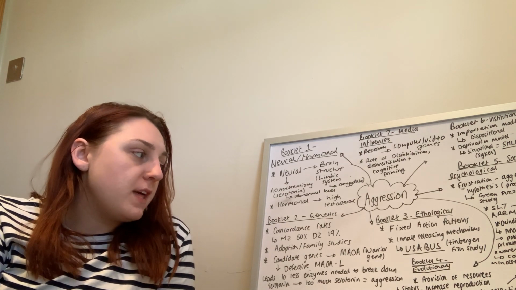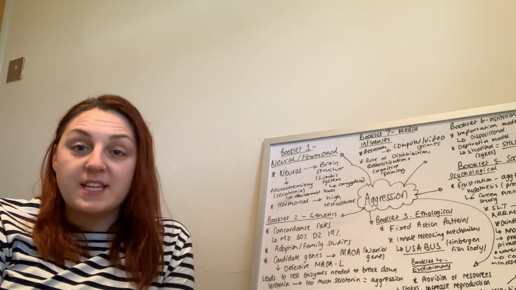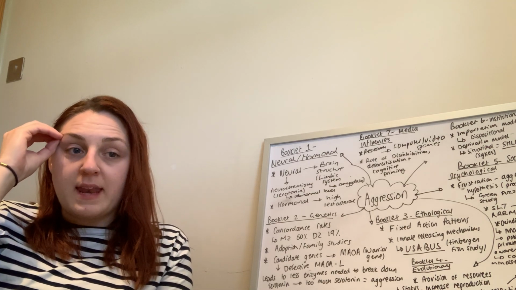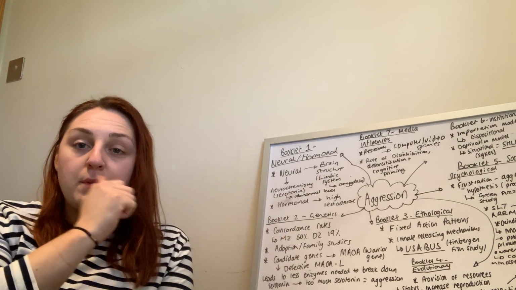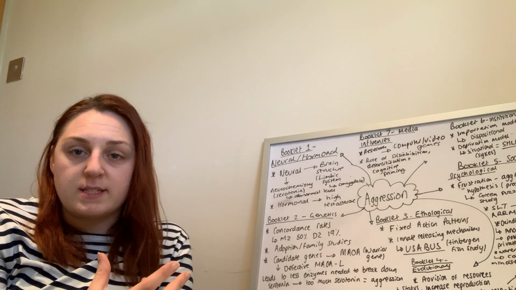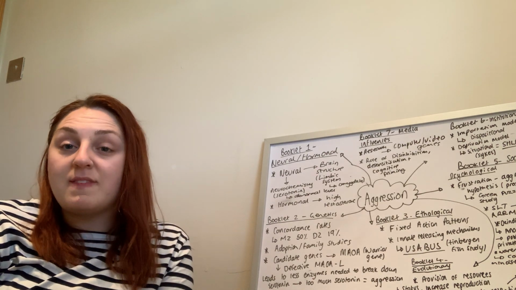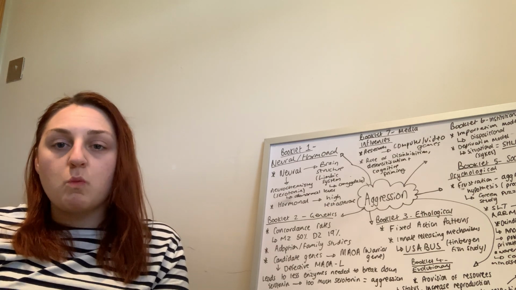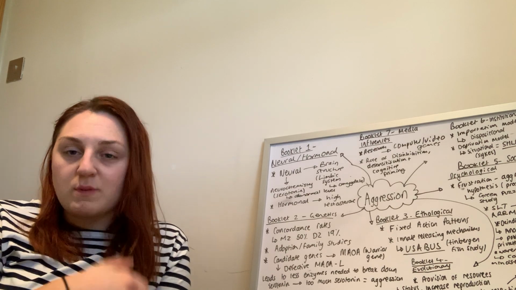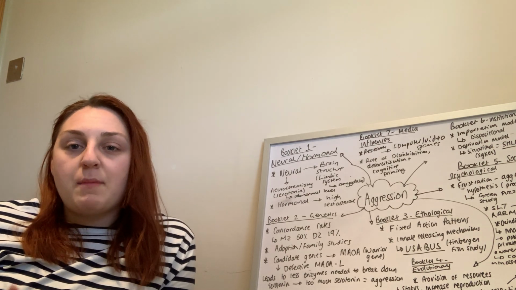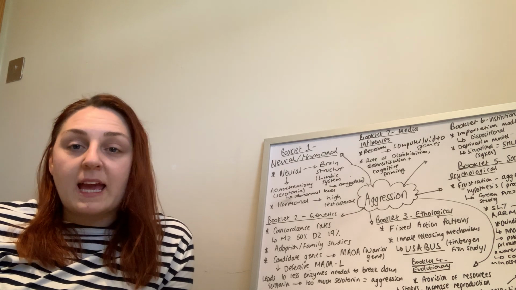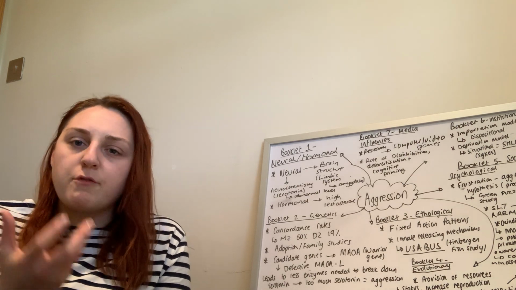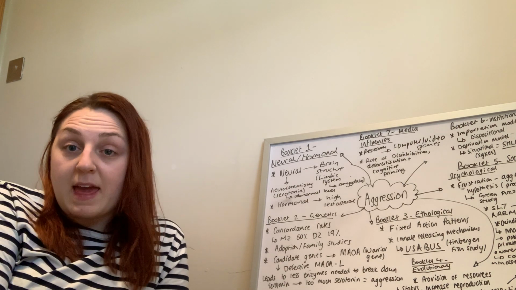So a really good example of this is when bulls see that red rag and the movement of the red rag, they have this innate hardwired brain network that in response to the sign stimulus of the red moving rag, they act aggressively. Now the example that you would use in the exam would be in relation to Tinbergen's study. So Tinbergen's study was the one with the fish, the sticklebacks with the different coloured underbellies, and they looked at, particularly in this breed of fish, that all of the males had this red underbelly, this kind of red spot underneath that indicated that they were male.